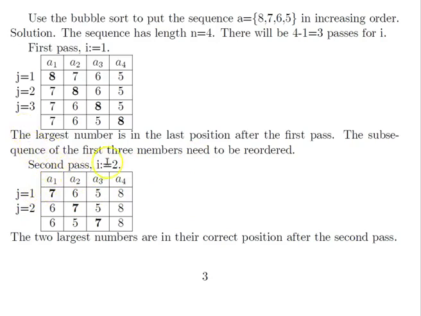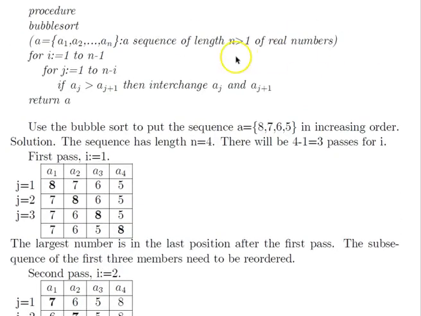The second pass is done for i. So this i takes value 2 now. The inner loop will be executed for i equals 2, which means that j will take values from 1 to 4 minus 2, from 1 to 2.